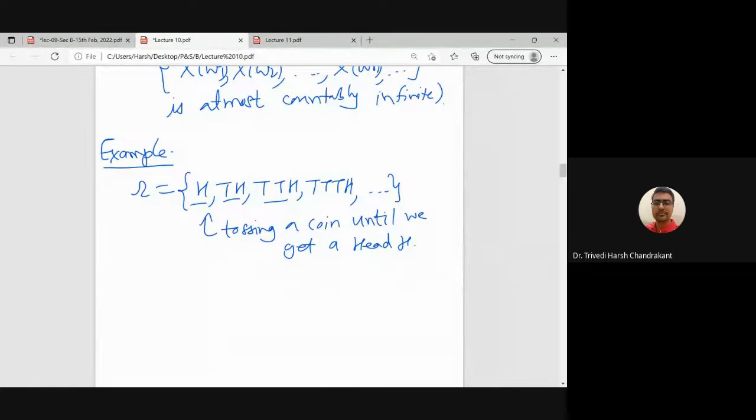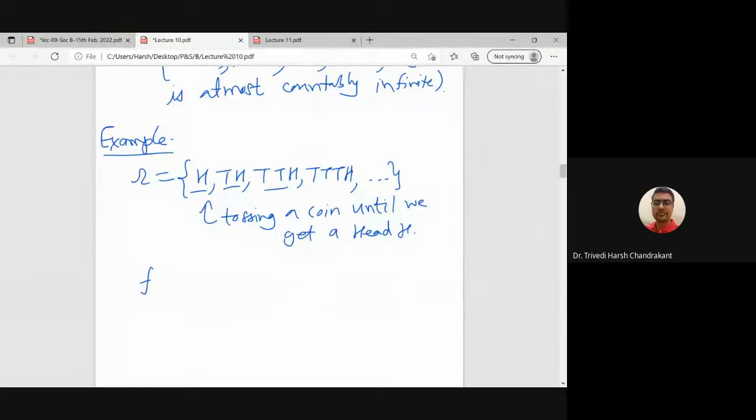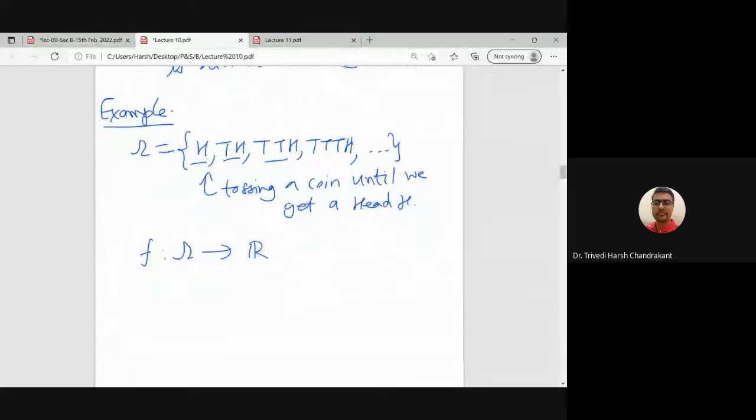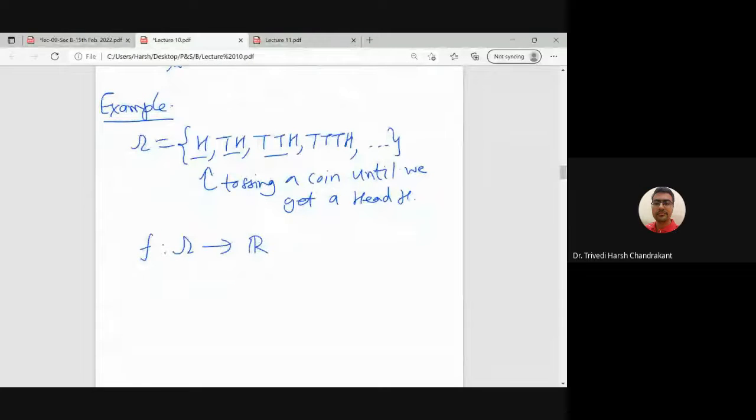So now the question is we want to define a function on omega to R. That is a random variable. Now you tell me how we can define a function on this set. We need to assign a real number to each element. What is the obvious way to define this random variable?